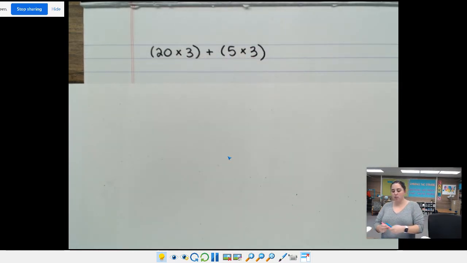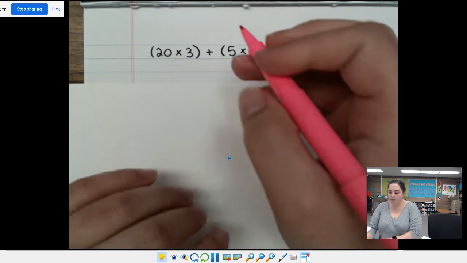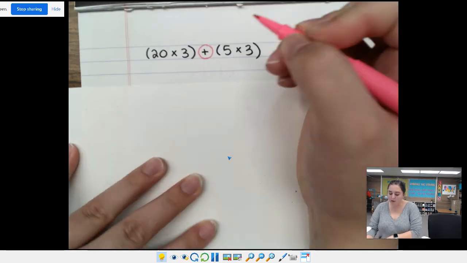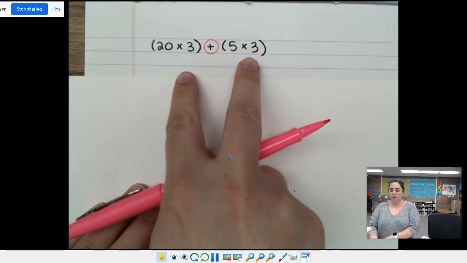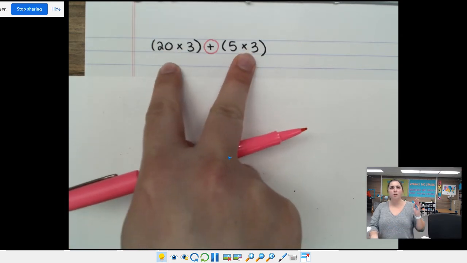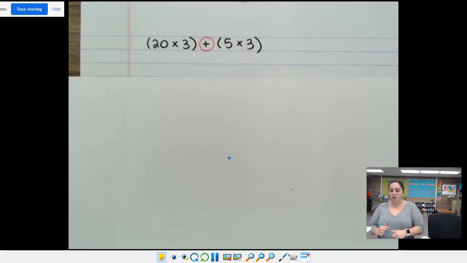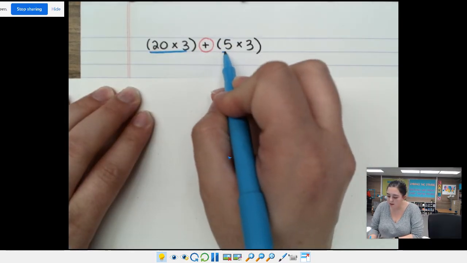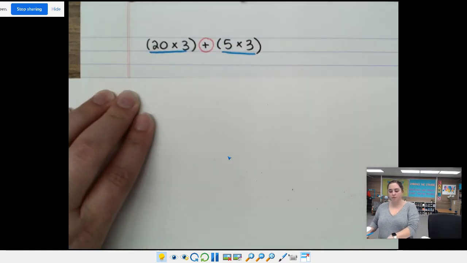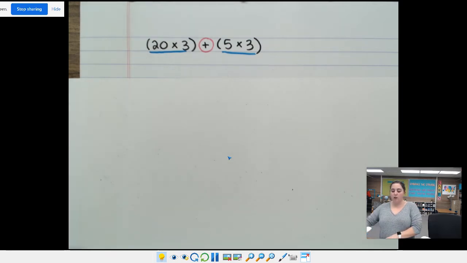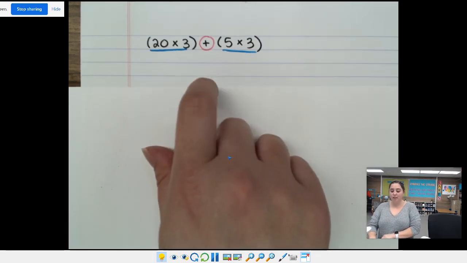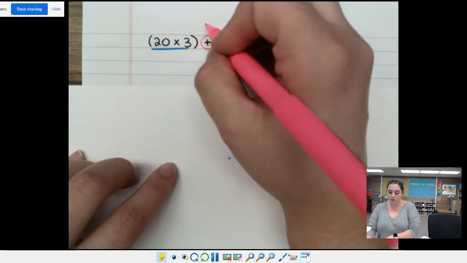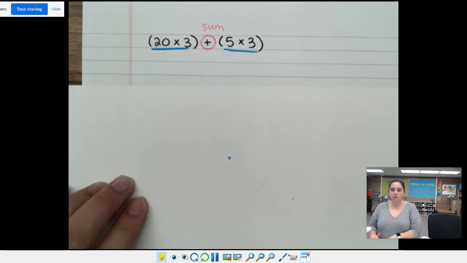So what I'm seeing is there's an addition problem. And on both sides of the addition problem, there is a multiplication. This is what we're adding to this. So I know that in this problem, I need to find the sum of these two numbers.